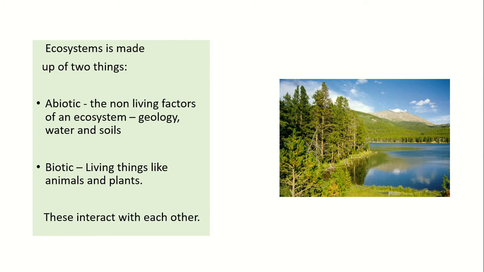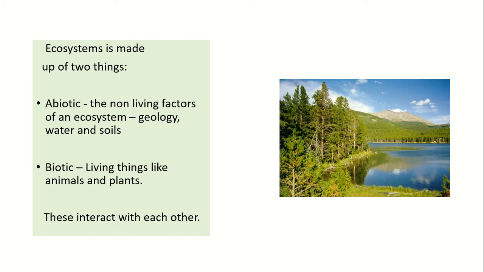So within an ecosystem, we have the abiotic, which are the non-living factors, and the biotic factors. The abiotic factors are not alive, and they are things like the geology, the rocks, the water, the soil, the air. The biotic factors are things like animals and plants. So if you have a look at that picture on the right hand side, you should be able to see some abiotic and biotic factors.